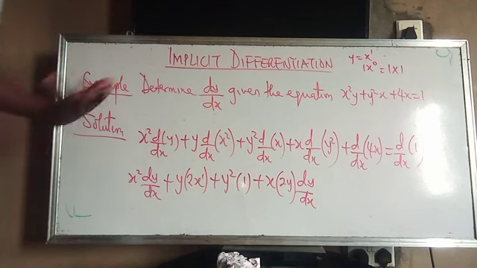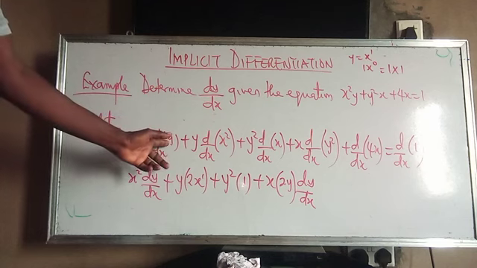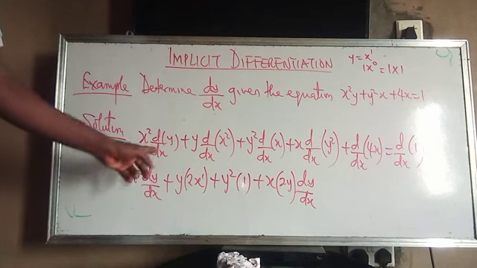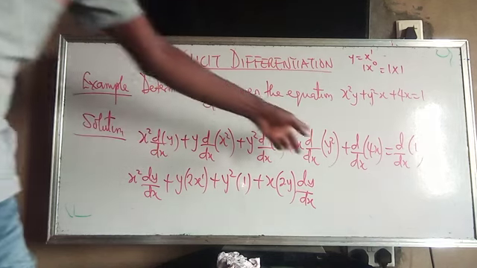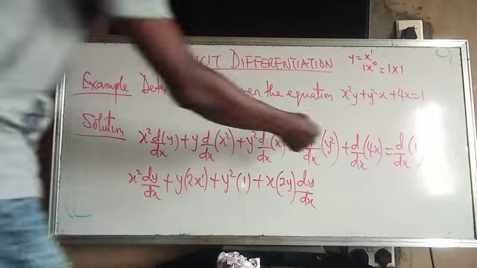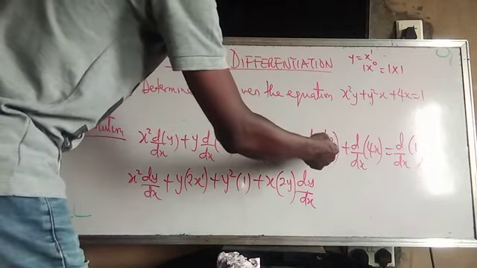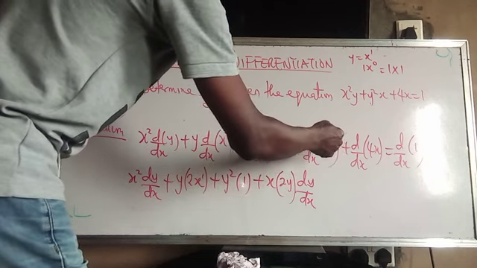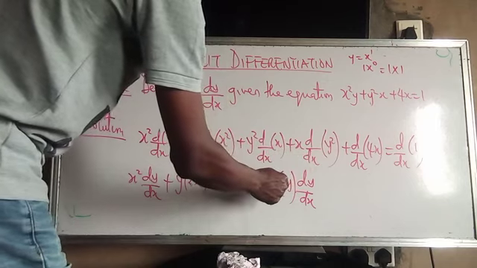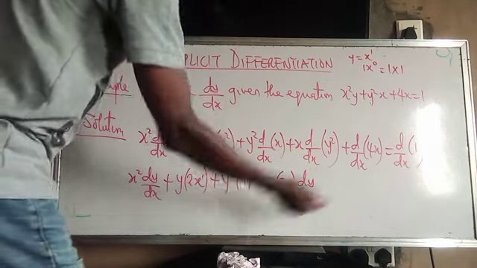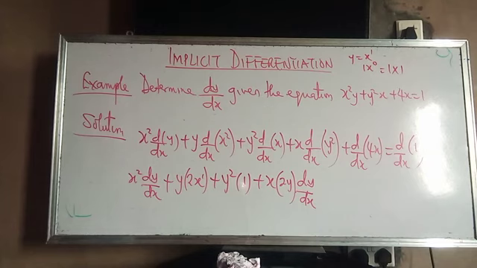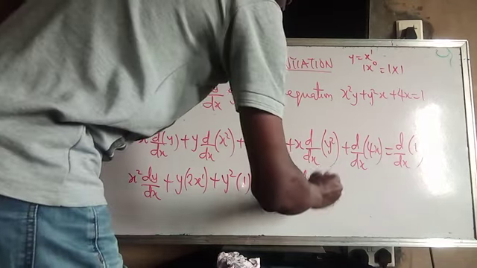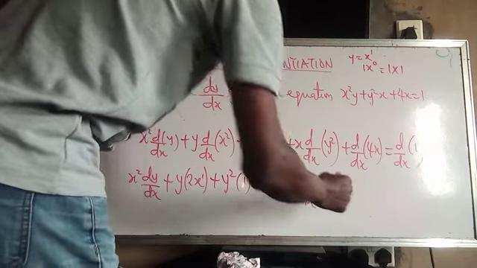So we actually have no problem here because it's just y raised to the power 1, so just write dy/dx straight off. But this is y squared. So you first of all differentiate that y: 2 times 1 is 2, then y raised to the power 2 minus 1, that's y to the power 1. As you can see, 2y. You now write dy/dx. That's the rule.